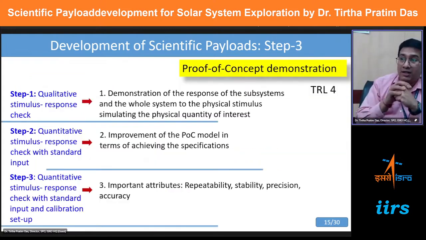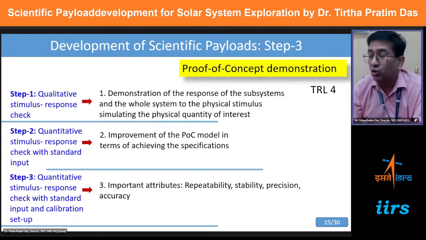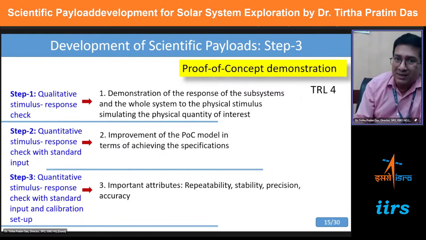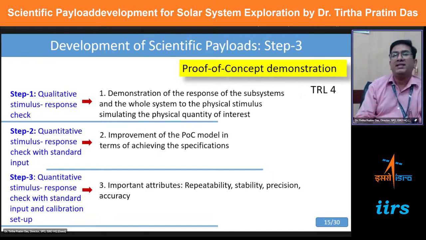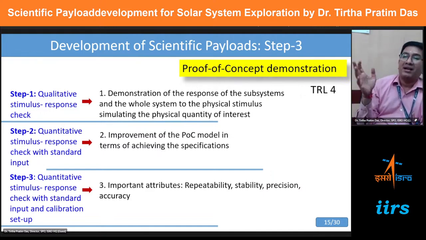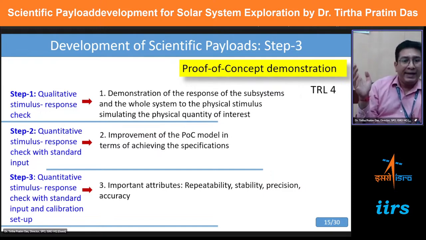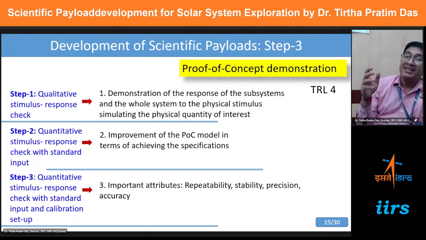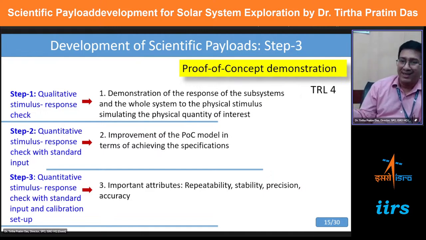After that is done, you go to step 3. So you are going to something called proof of the concept. Proof of the concept means your instrument has been developed in the laboratory, and the instrument is supposed to take a stimulus as an input and give you an output. So you do a qualitative test: you put in some stimulus and see how your instrument is responding.